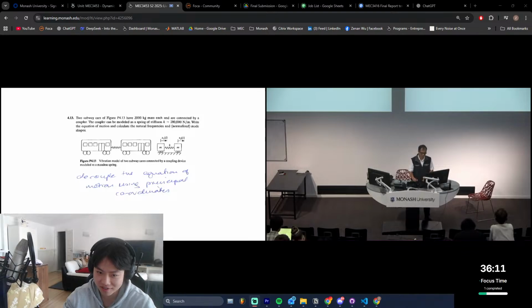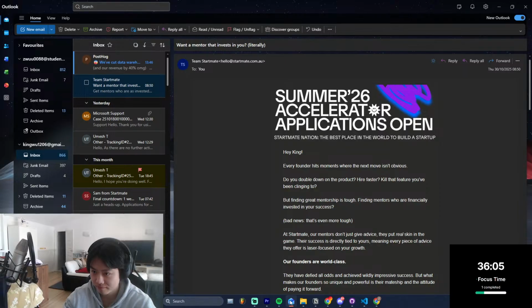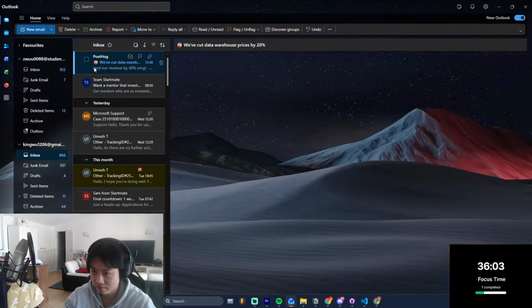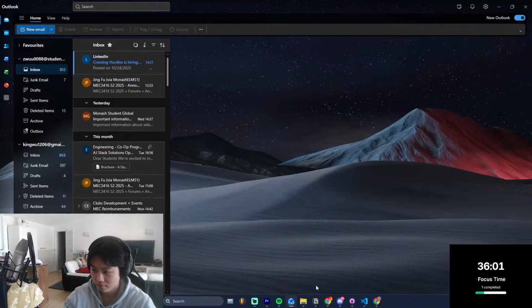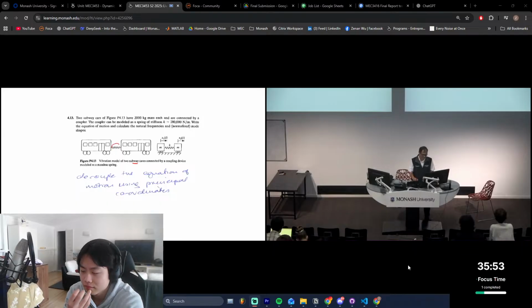Okay, so we have these two, well, they call it subway cars, but it's essentially just trams. And this is connected by a coupler.